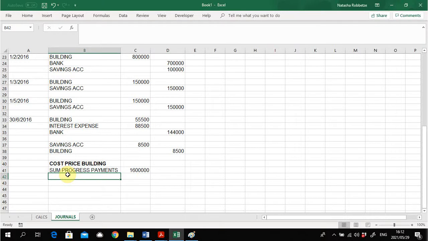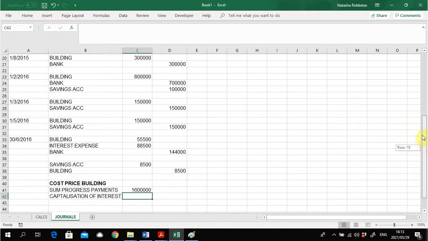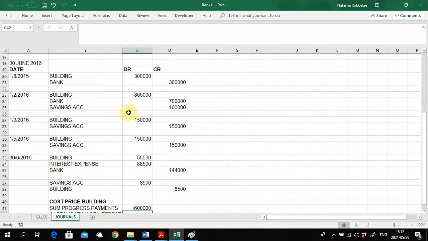Then we had to take some capitalization of interest. And what were the interests that we capitalized? It was this amount.